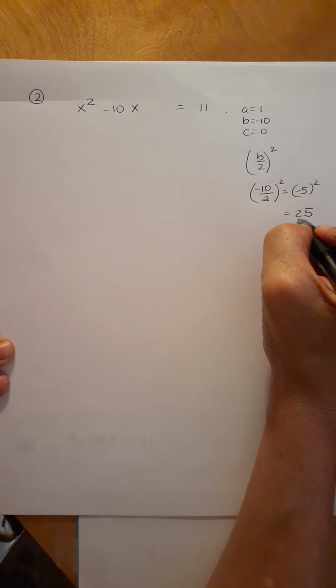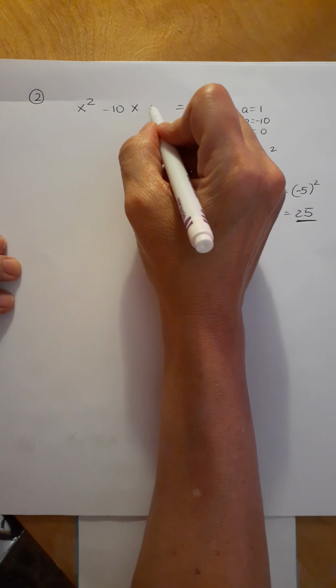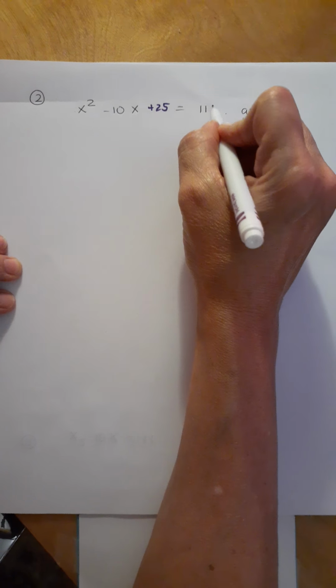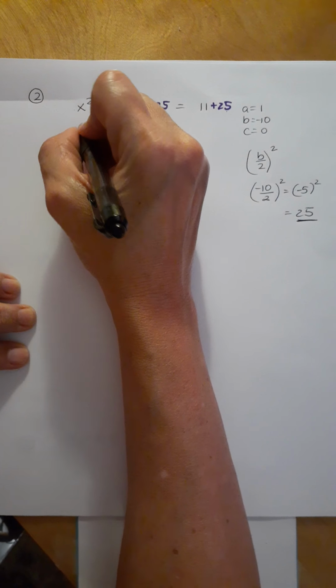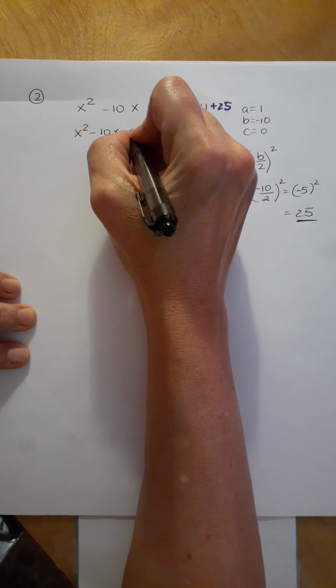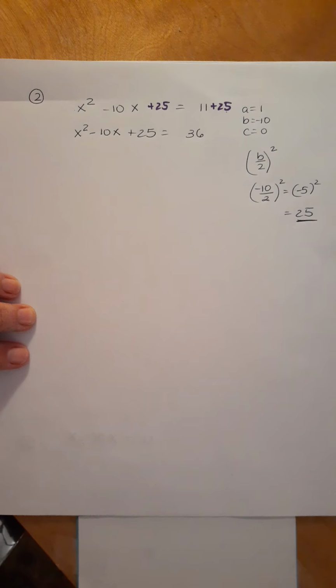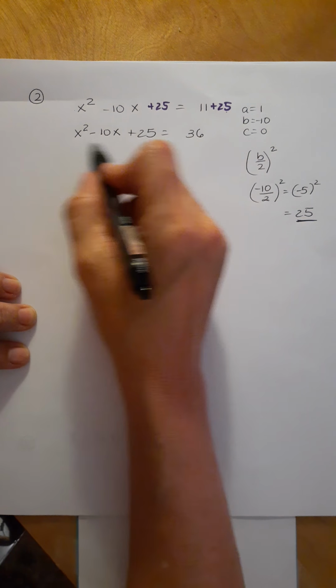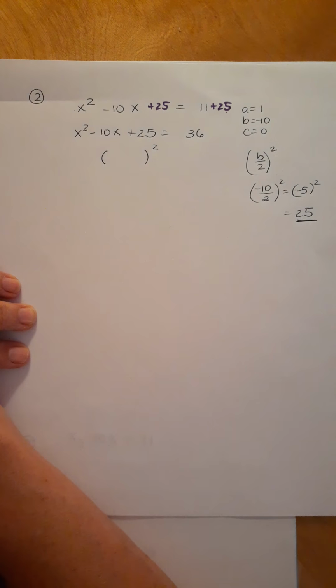So I am going to take that 25 and add it to both sides, plus 25, plus 25. Okay? Now, when I do that, I get x squared minus 10x plus 25 equals 36. Now we're going to make this into one parenthesis squared.